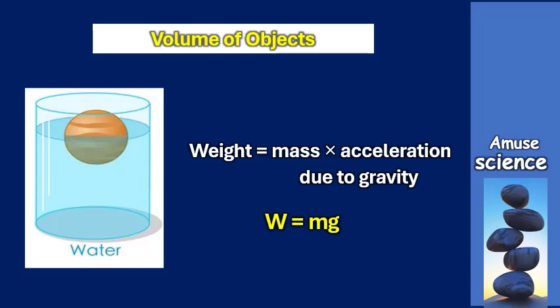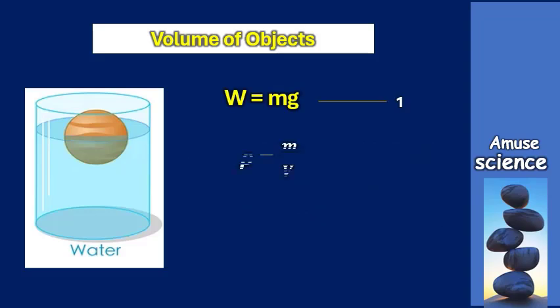Alright, then from density, we also realize that density is equal to mass over volume. Let us make mass the subject here. So we are going to get mass is equal to density times volume. Let us now substitute this second equation into the first equation.